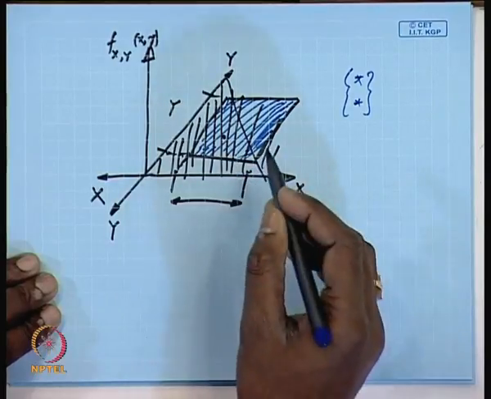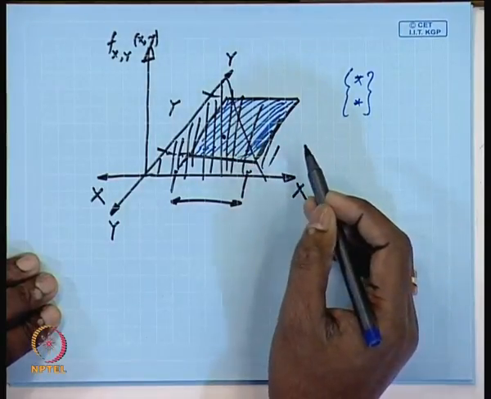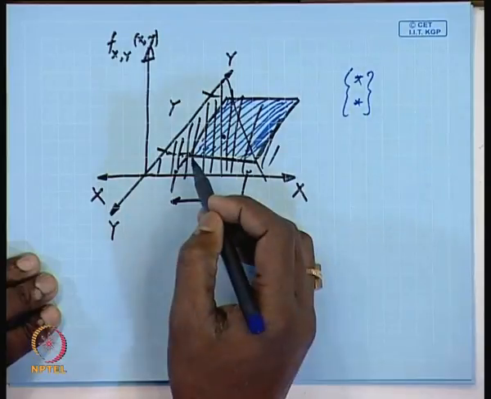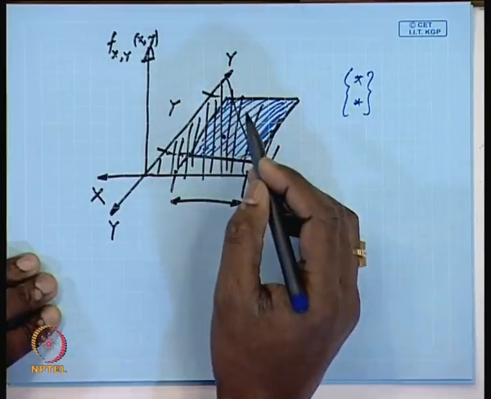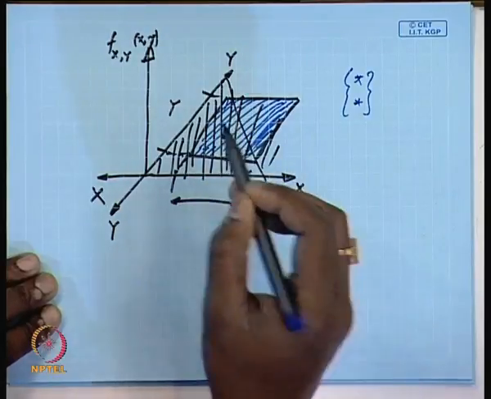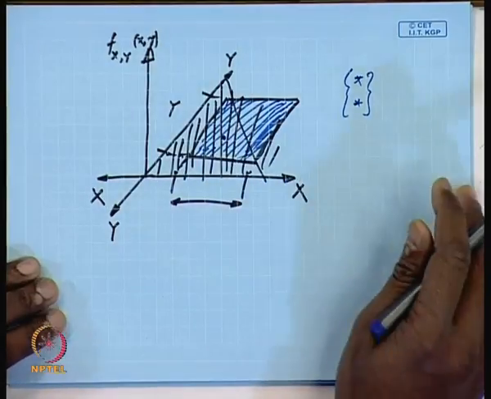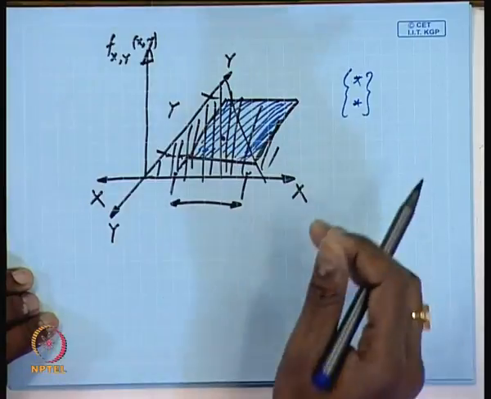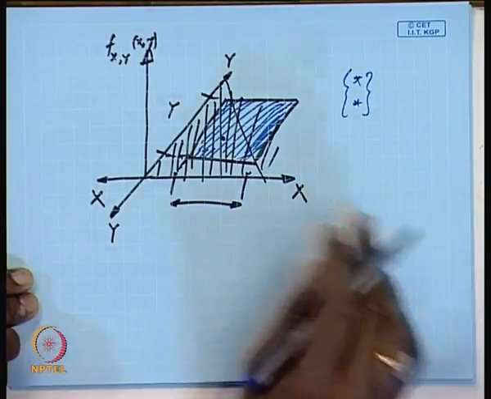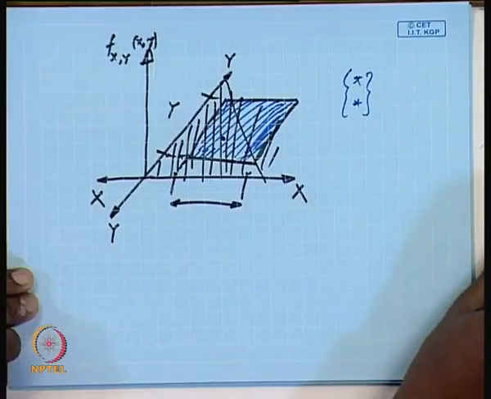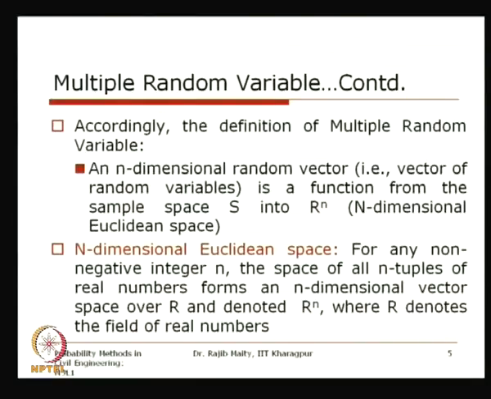If this is for three random variables together, then there will be three such values, and this will refer to a point over a space, and at that point we can analyze how the probability is distributed. So this is what is meant here by the n-dimensional random vector, and the n-dimensional Euclidean space is referred to.